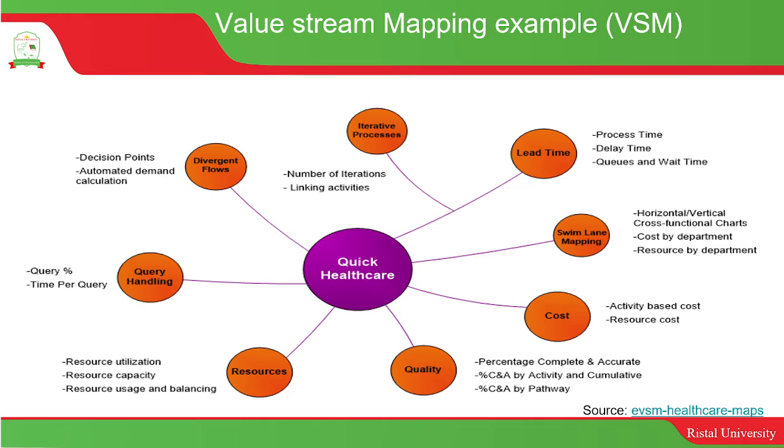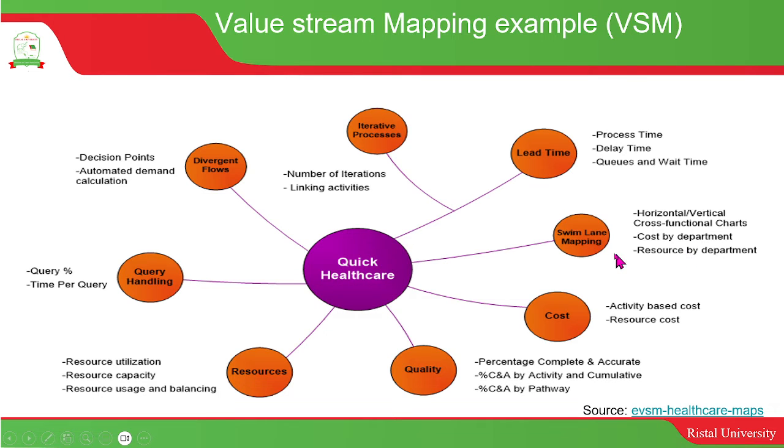We look at swim lane mapping. Here we look at horizontal and vertical cross-functional charts, the cost by department, and then the resources by department.